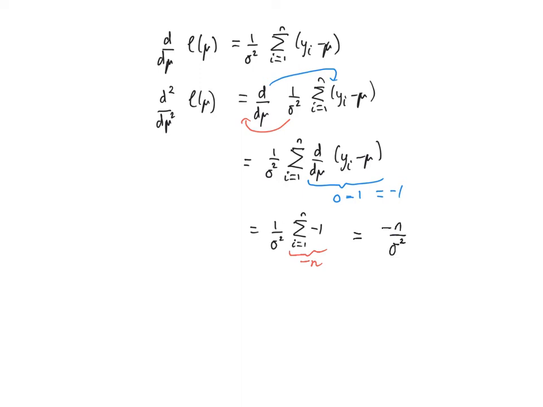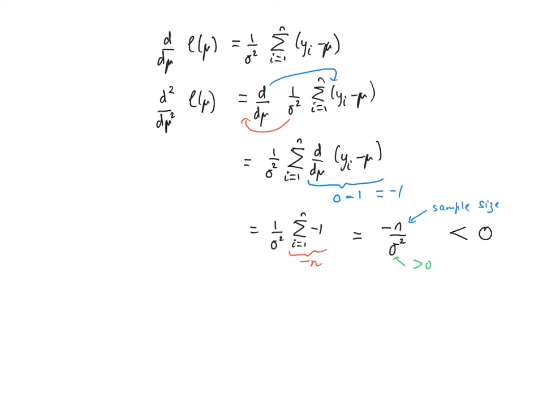Now, n is the sample size, so it's a positive integer. Sigma squared is squared, so that itself must be positive. And so we end up with the negative of something positive, so we end up with something that's negative.